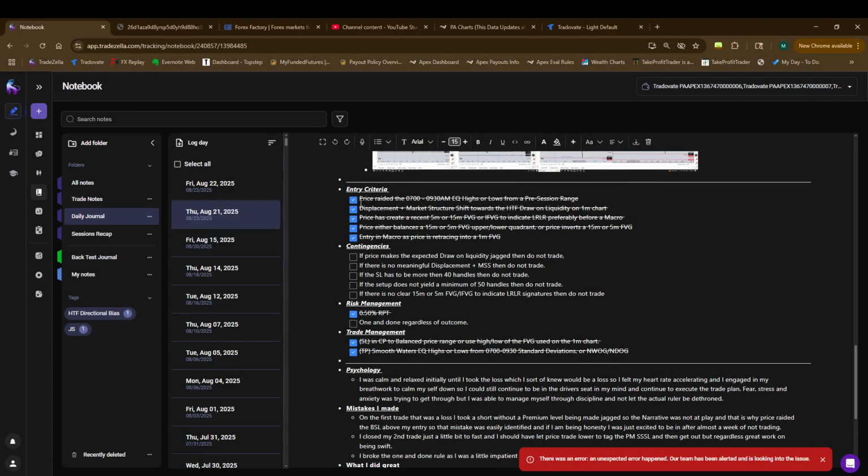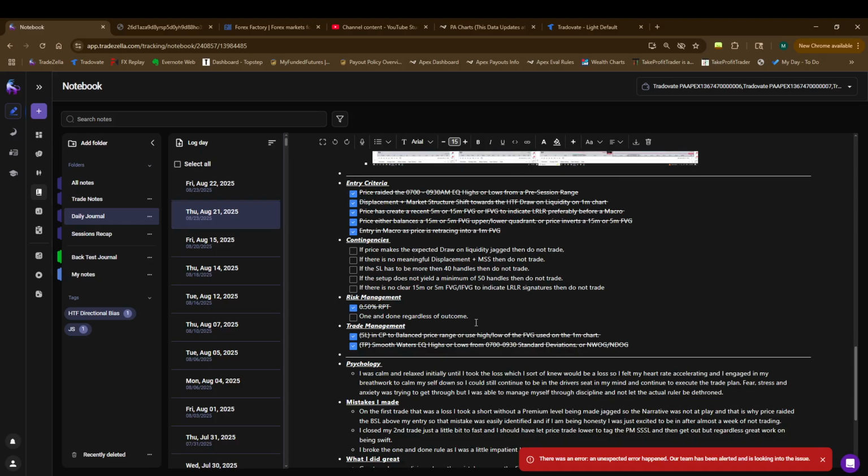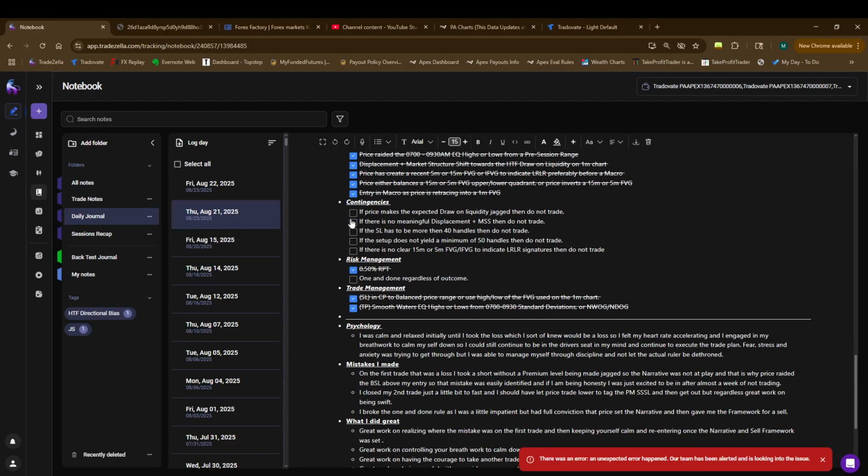So my entry criteria was basically met. I had all of my components checked off, so I was in line with that. None of my contingencies were in play, which is a very good thing, and that makes me a little less stressed and not have anxiety about my trades when I trade live.